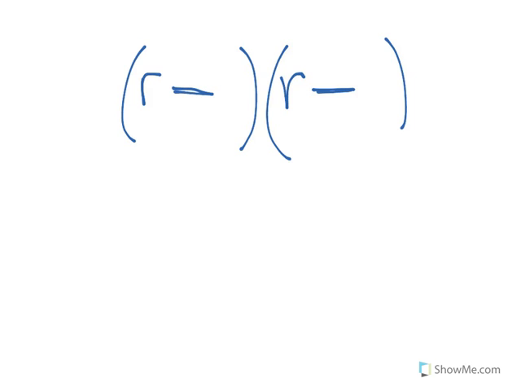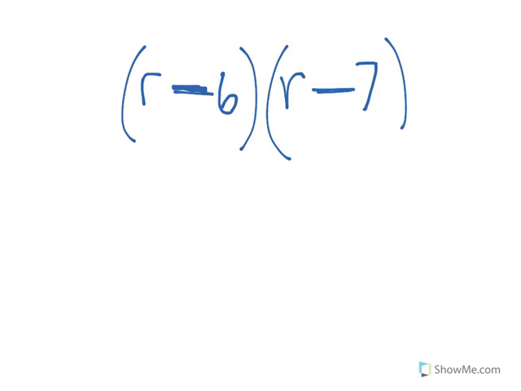We know that 6 times 7 is 42, and 6 plus 7 is 13. So my binomial factors are r minus 6 times r minus 7.